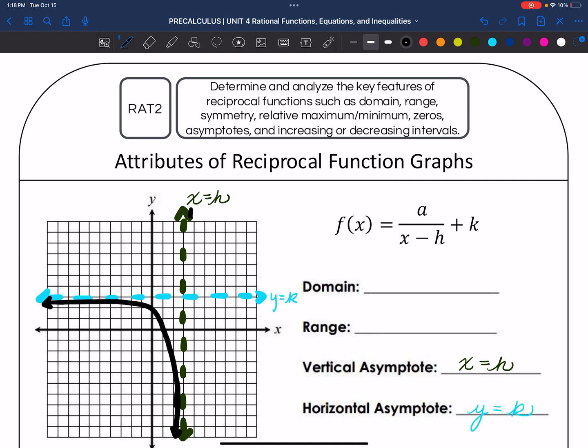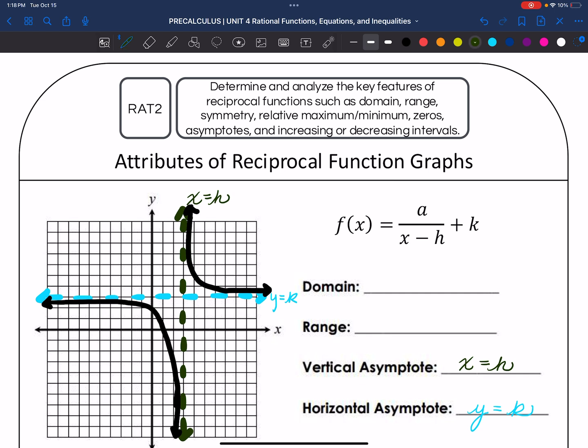On the other side, it would pick up and bend and then go out, drawn towards that horizontal asymptote, but it will not touch your vertical asymptote. And it also will not touch your horizontal asymptote.